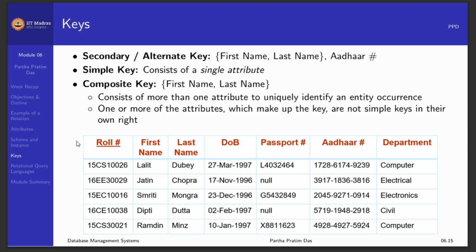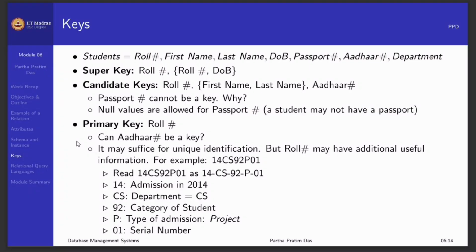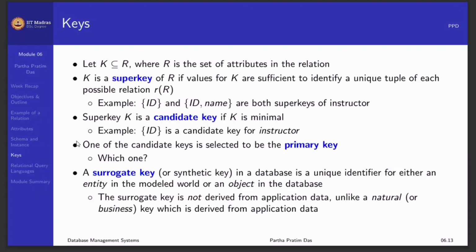What is a super key? K is a super key of R if values of K are sufficient to identify a unique tuple of each possible relation. Why are we saying each possible relation? Because a relation can have different kinds of instances.